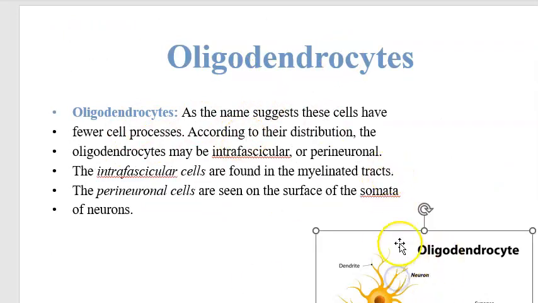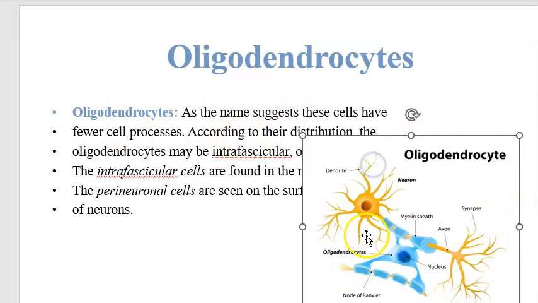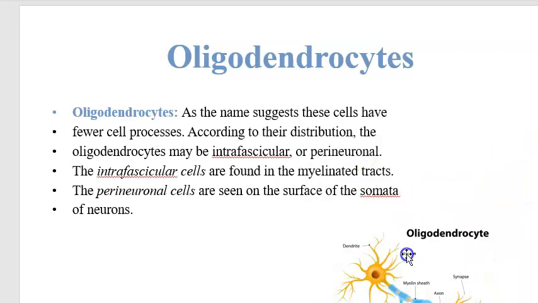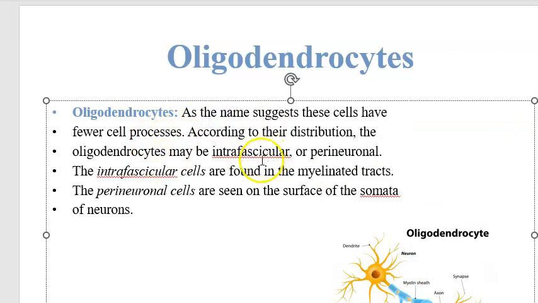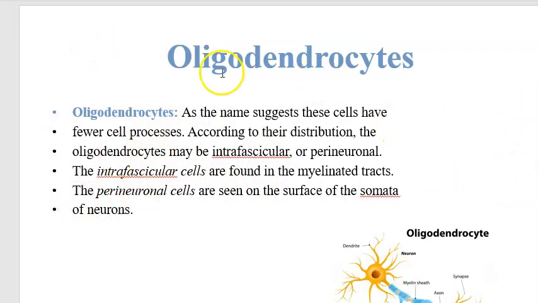Oligodendrocytes. You can see here the nerve is covered by a myelin sheath. In the central nervous system, the oligodendrocyte provides this myelin sheath. It's a neuroglial cell, basically supposed to give the myelin sheath.